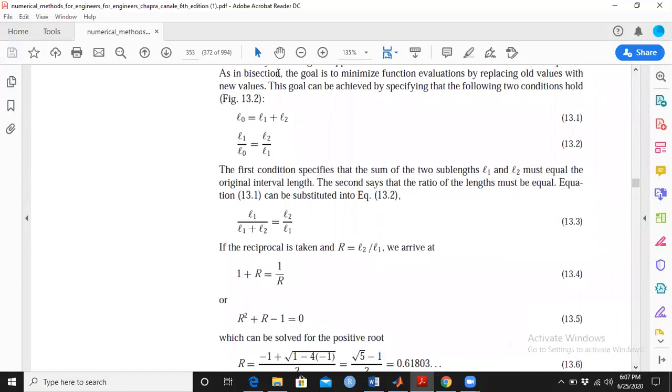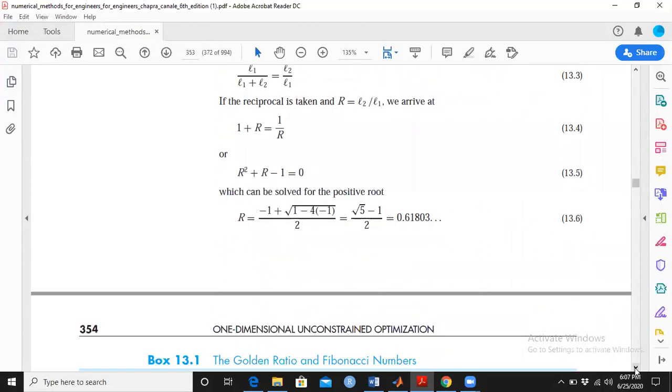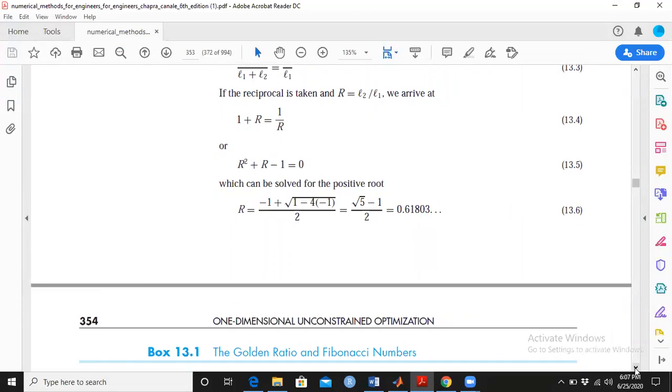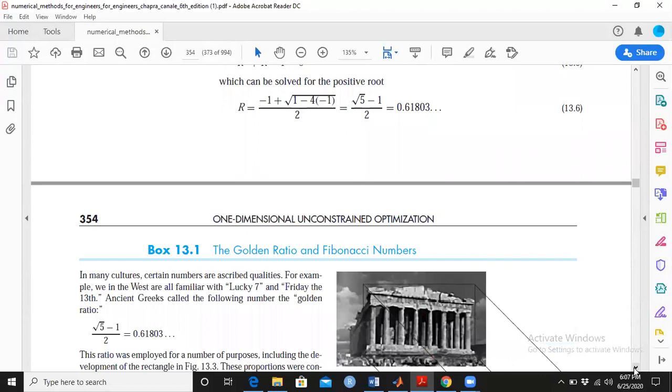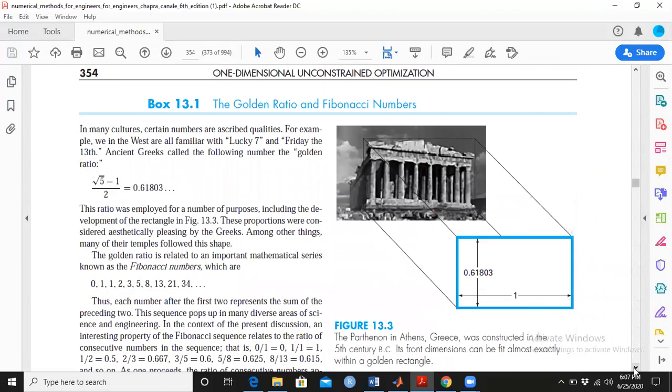The first step is that we will say let L0 is equal to L1 plus L2. Then we will take the ratio, all right. For this, we will say that L2 by L1 is, let us call it capital R. Then we will obtain a quadratic equation from that ratio, and R is equal to 0.61803.